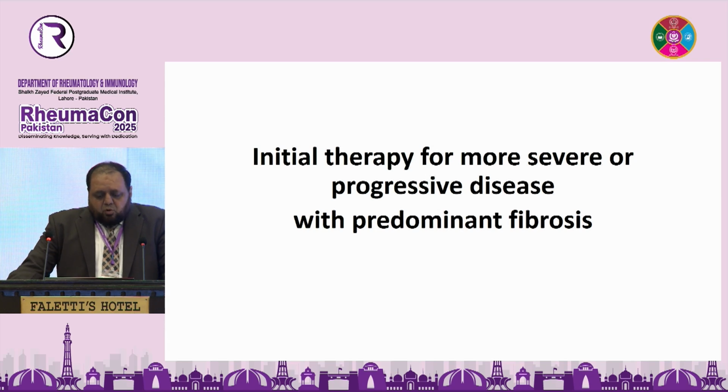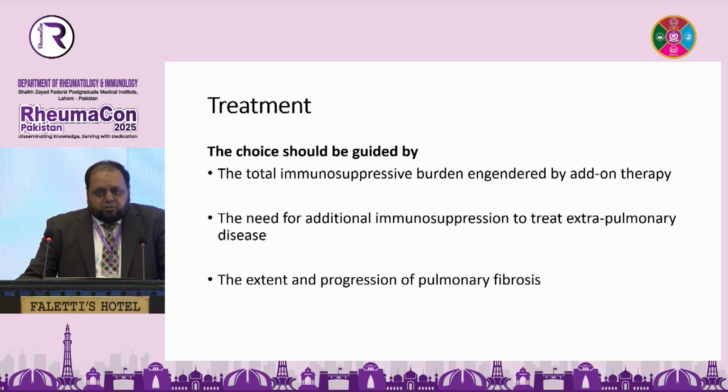Initial therapy for more severe and progressive disease with predominant fibrosis, जहाँ पे फाइब्रोसिस नहीं है वहाँ पे आपने एंटी इन्फ्लेमेटरी दे रहे हैं. And when patient develops fibrosis, in that case the choice should be guided by total immunosuppressive burden engendered by add-on therapy, the need of additional immunosuppression to treat extrapulmonary disease, and the extent and progression of pulmonary fibrosis. ये वो चीज़ें हैं जिनको हमने देखना है before initiation of any therapy.